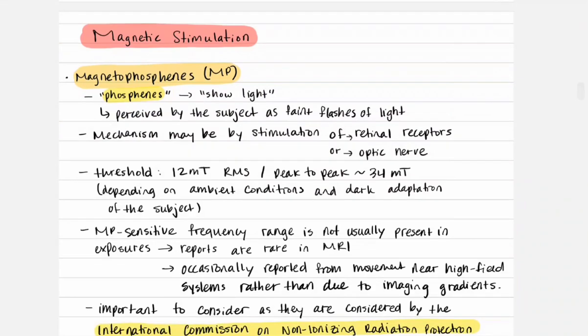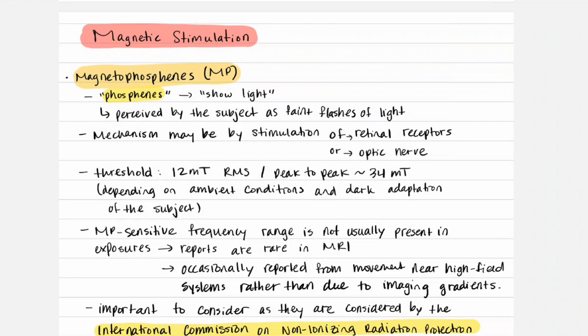So what happens with magnetic stimulation? Well, one effect is magnetophosphenes. Phosphene means to show light, and essentially magnetophosphenes are when you perceive flashes of light as a subject, and the mechanism is thought to be through the stimulation of the retinal receptors or the optic nerve.